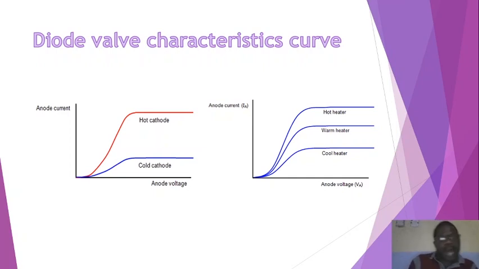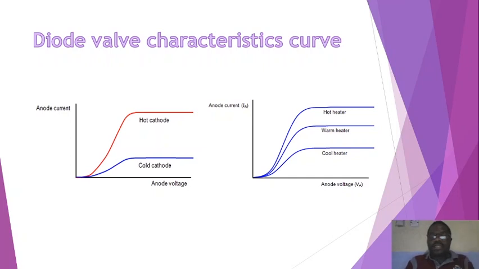Here the current is no longer proportional, because an increase in the voltage at a point can no longer cause an increase in the current. And that is why we say that the diode valve is one of the non-ohmic conductors, because the characteristic curve does not obey Ohm's law.